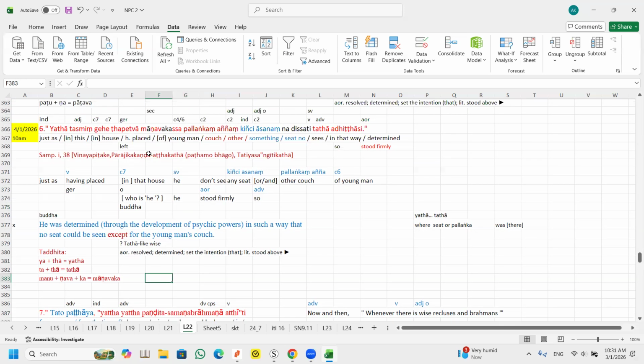You see, it's inside the house. And inside the house, there are seats and other couches. So he did not see any seats or any couch except the seat of the young man.